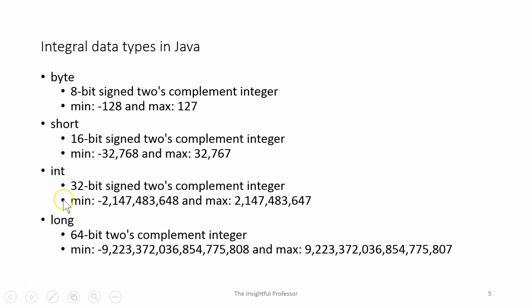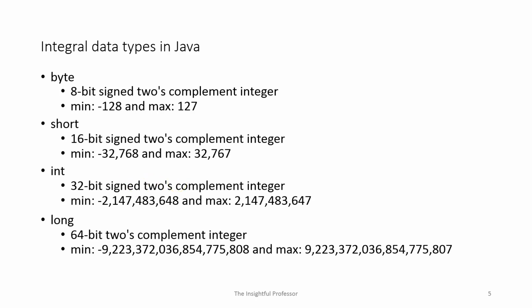Now, all of these are integers, but they are different sizes, and they have slightly different names to inform the compiler that I'm using an 8-bit or 16-bit or 32-bit or 64-bit version of the integer, which again determines the size, obviously, but also determines the range of values. So with int, because it's 32-bit, the range goes from -2 billion up to +2 billion.